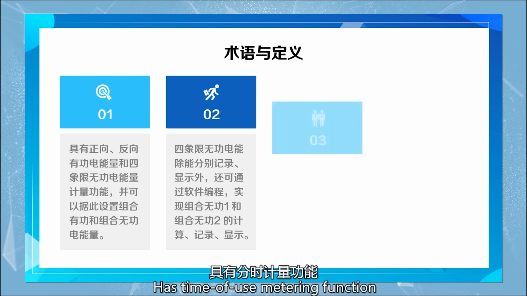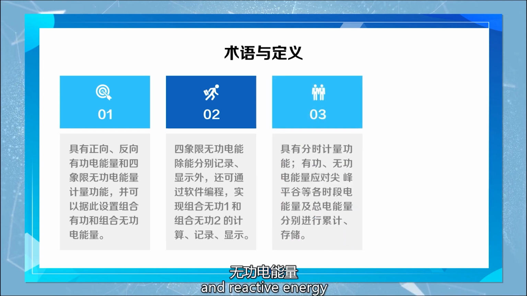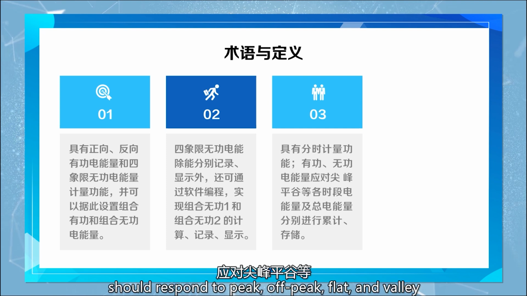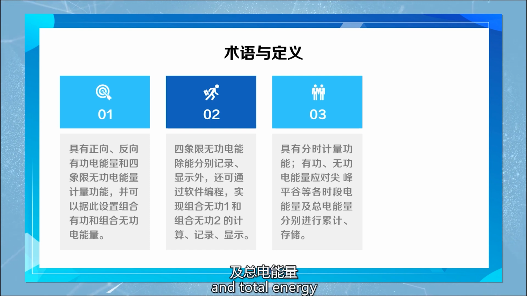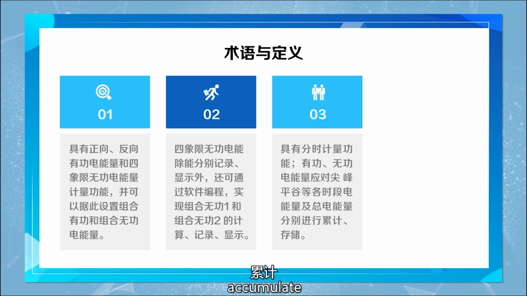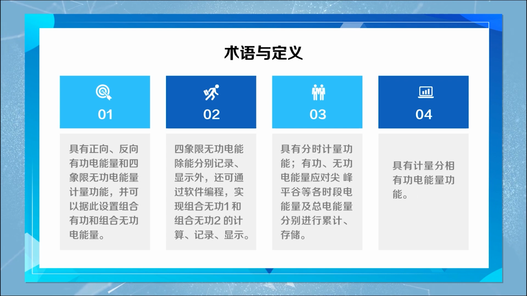It has a time-of-use metering function: active and reactive energy should be accumulated and stored separately for peak, off-peak, flat, and valley in each period and for total energy. It also has a phase-separated metering function for active energy.